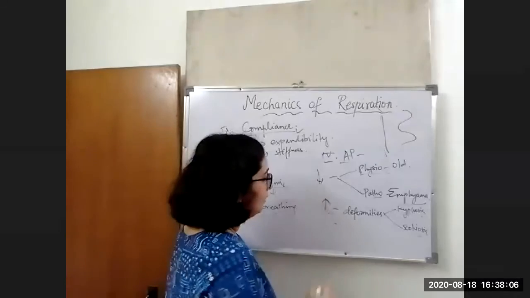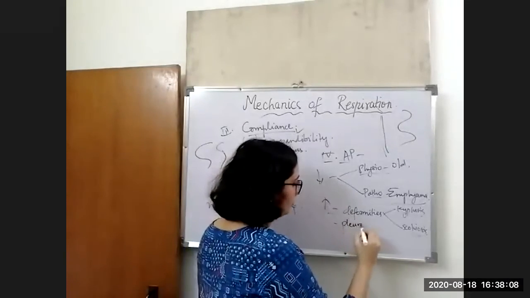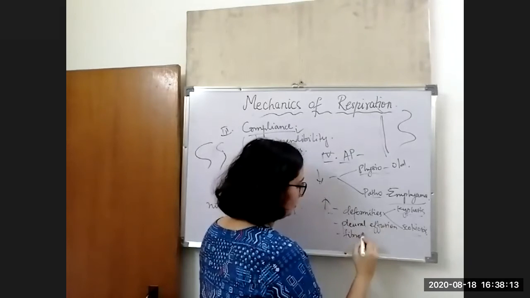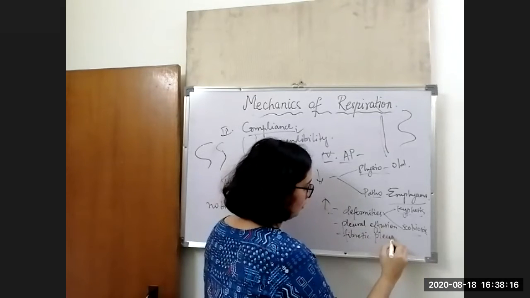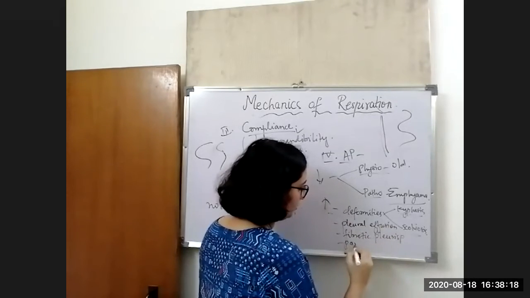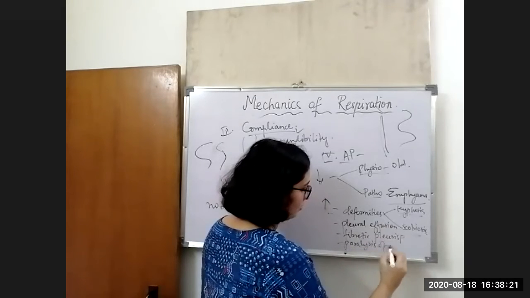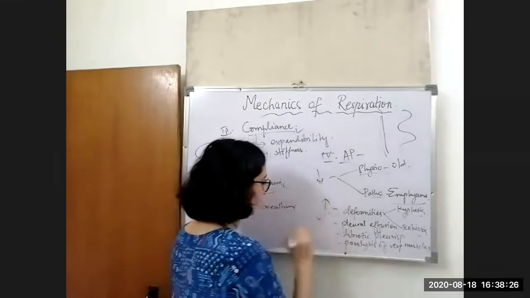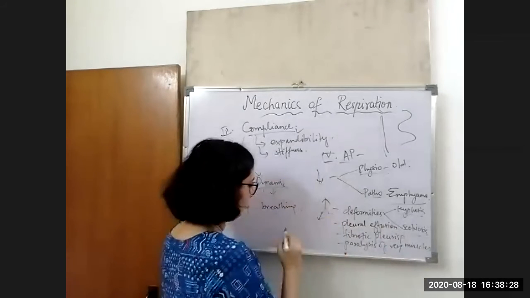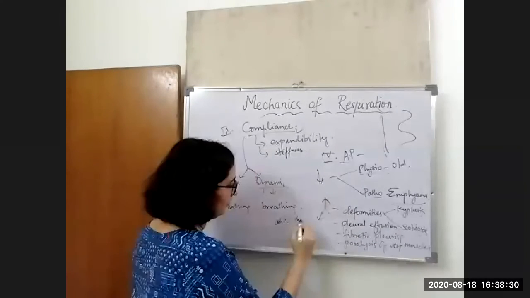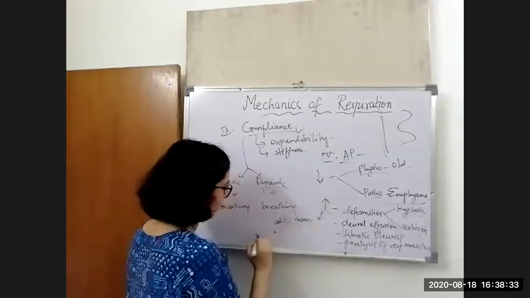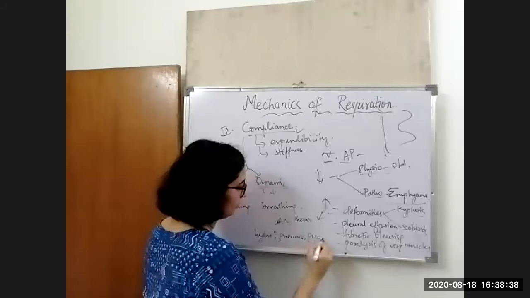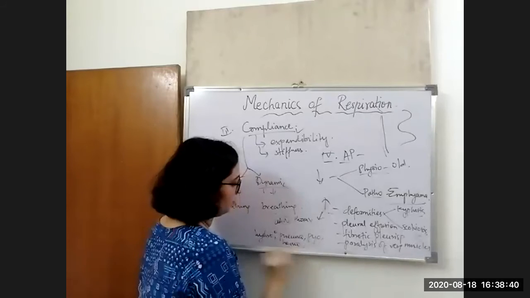Okay. And next is pleural effusion, fibrotic pleurisy, paralysis of respiratory muscles, and lastly, abnormalities in the thorax, like hydrothorax, pneumothorax, pyothorax, and hemothorax.